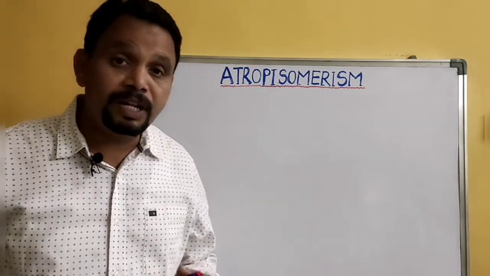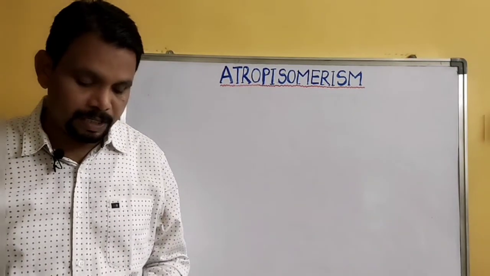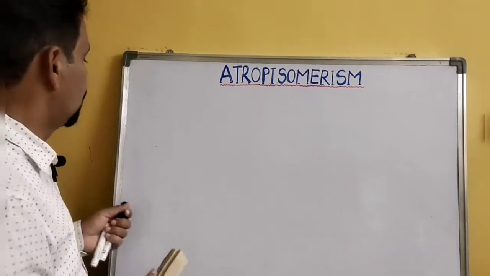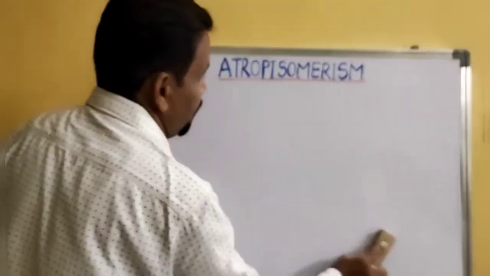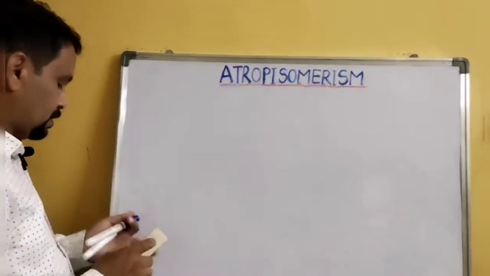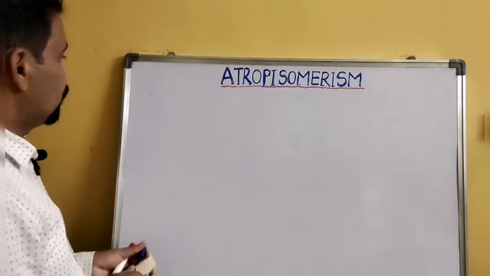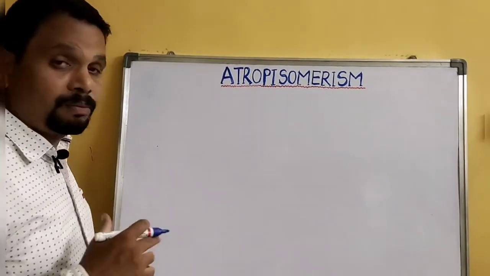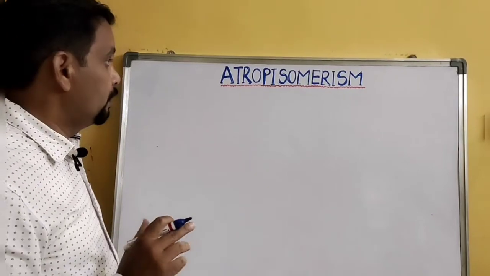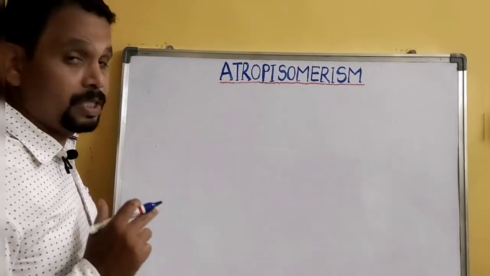So that phenomenon is called heteroisomerism. I hope you understand these definitions and examples. Here I'll give some more examples so that you will understand this concept very well.